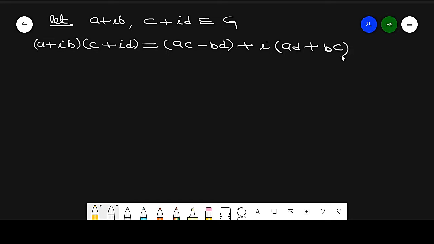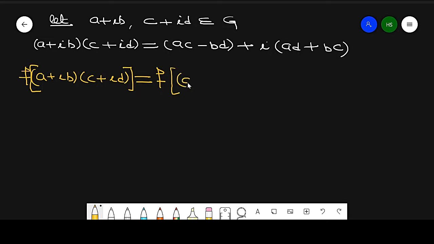Now what is F of (A plus iota B)(C plus iota D)? This value can be written as F of AC minus BD plus iota (AD plus BC), right?